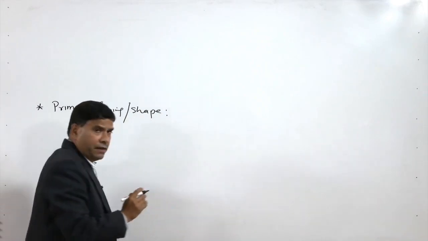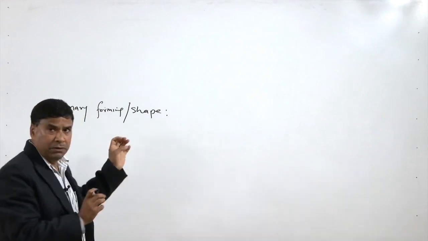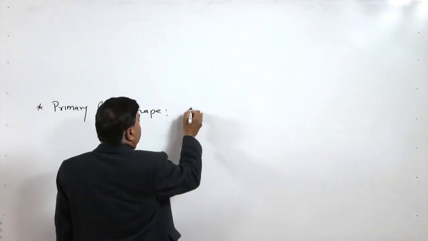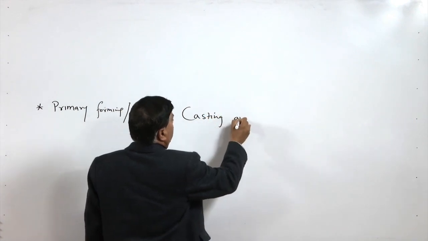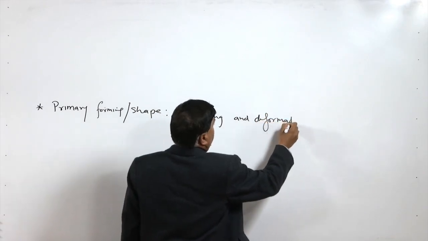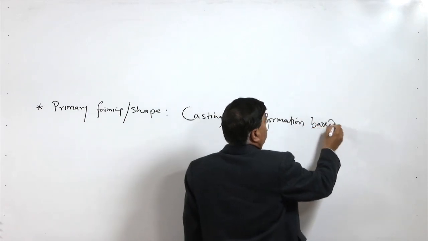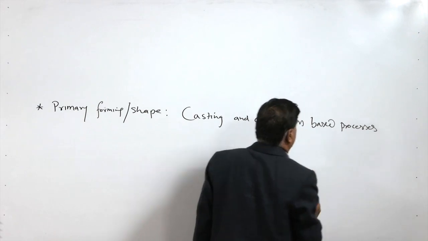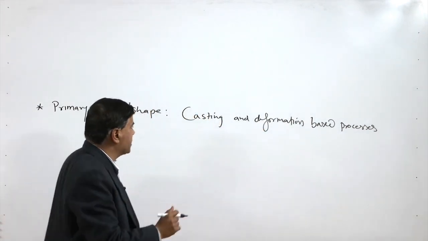Under this category, this objective is achieved through certain processes like casting and deformation based processes like rolling, extrusion, forging, etc.